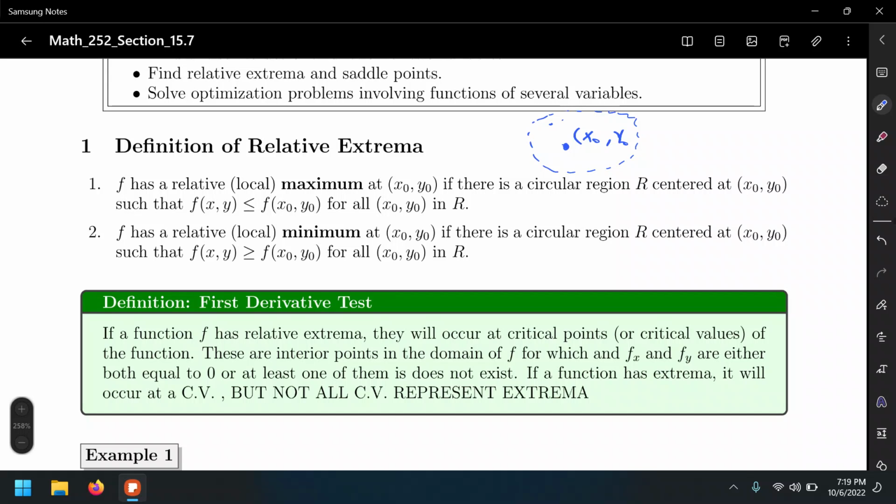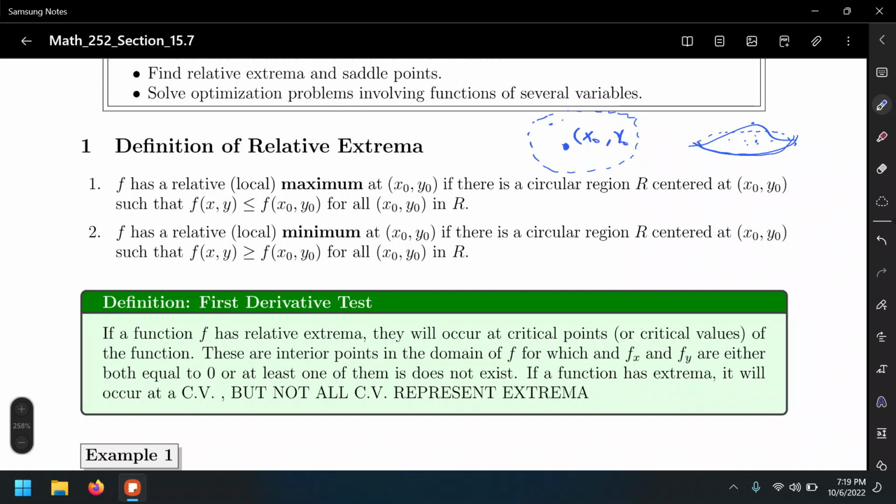However, you can think of this circle as pretty much like a hill. Let me see if I can draw a hill. And this is the maximum point, and this is the circle that's going to go backwards. So every single point f of x, y is actually less than the point that we claim is the maximum.